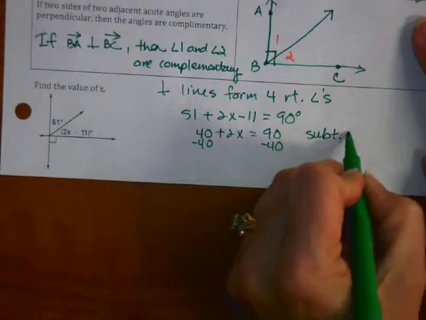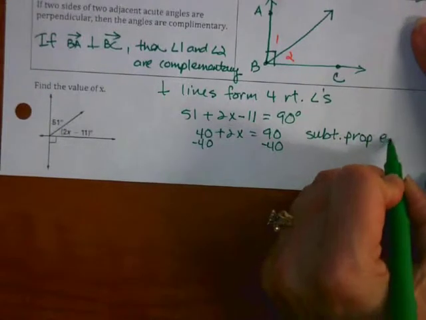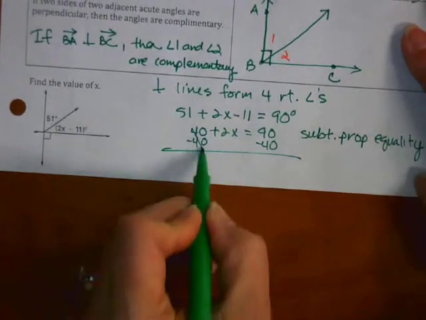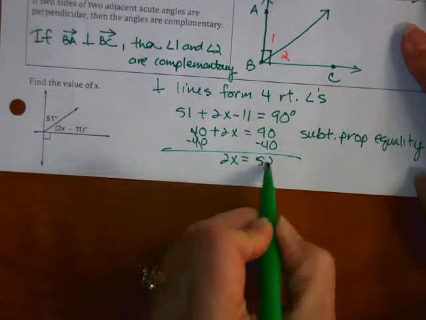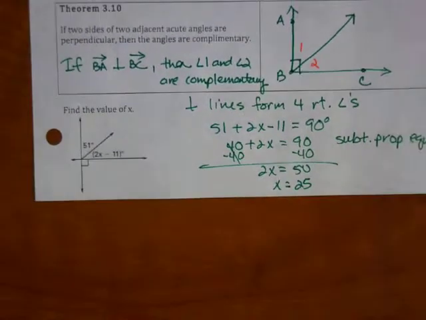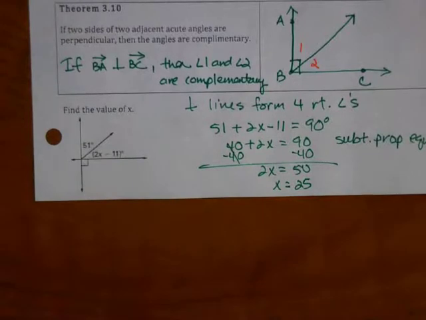Subtraction property of equality, not inequality. 2x equals 50. What does x equal? 25. It's not degrees, it's just 25. Okay? All right, turn the page. Or flip it over, sorry.